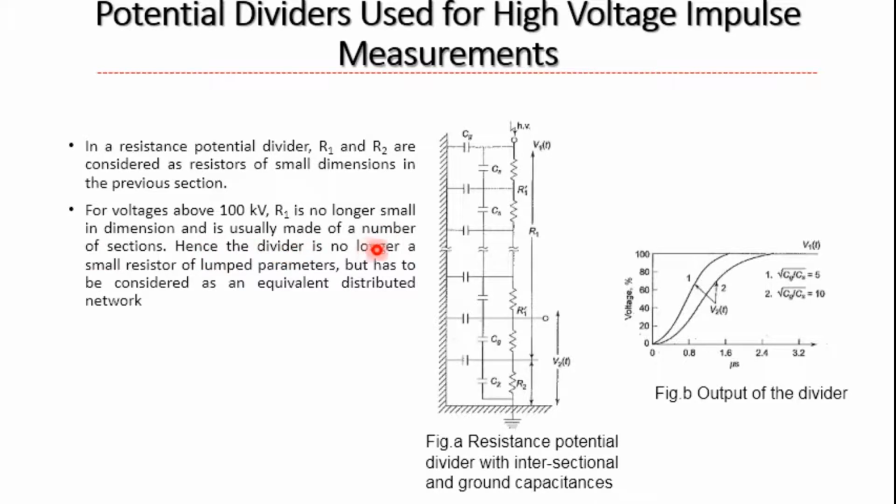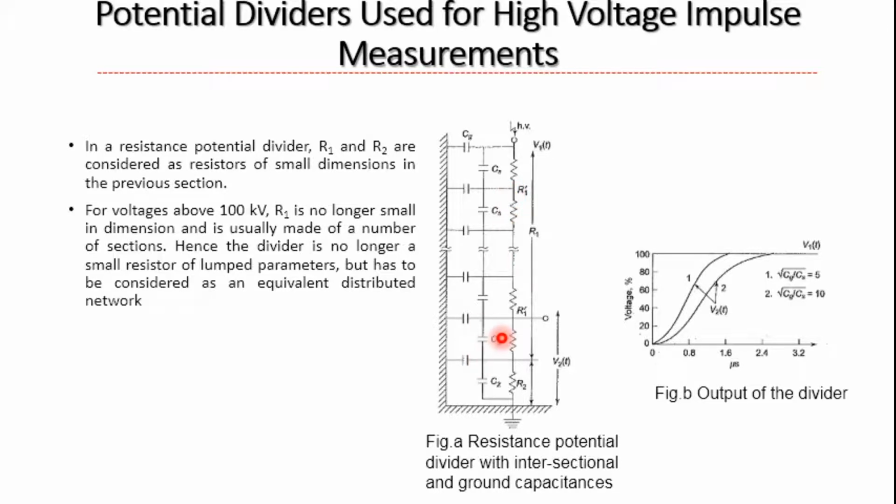Hence the divider is no longer a small resistor or lumped parameter, but has to be considered an equivalent distributed network. Earlier we considered lumped parameters; now we have to consider distributed parameters. The total resistance R1 will be considered as n resistors of value R1 dash, so the total value becomes n into R1 dash.